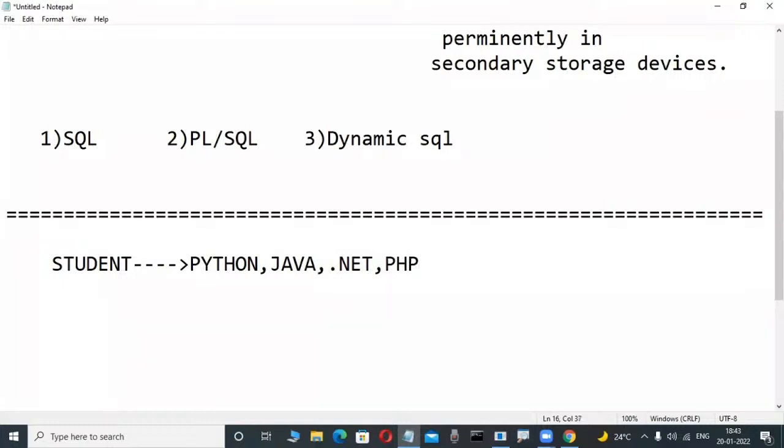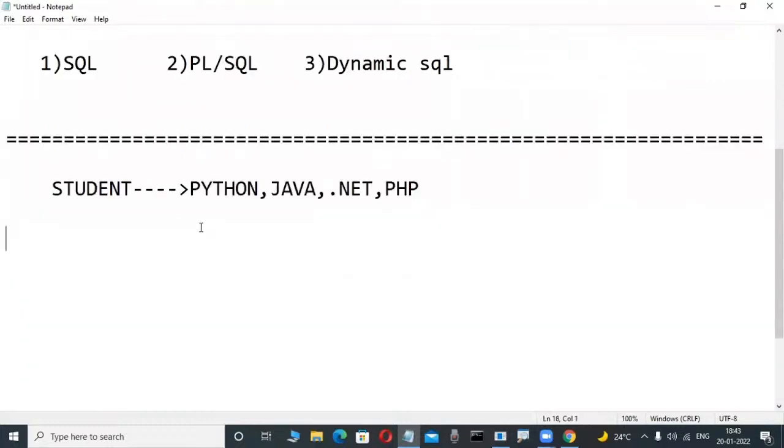These persons are web-based application programmers. Web-based is also possible in Java or Python. These web-based application programmers compulsorily need minimum knowledge of a database on the project side. Why?